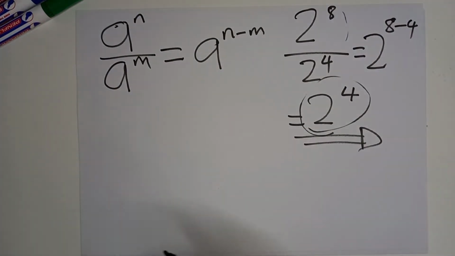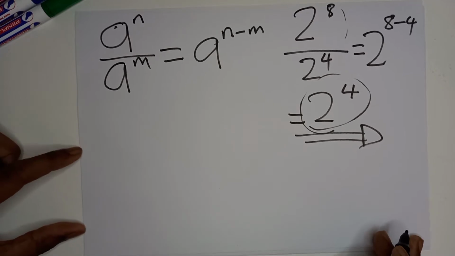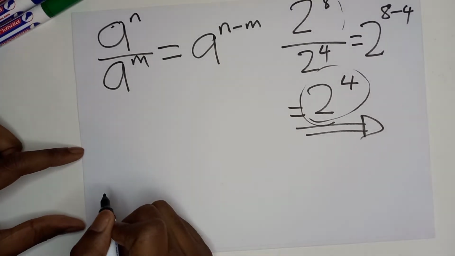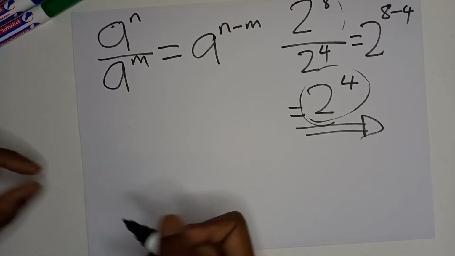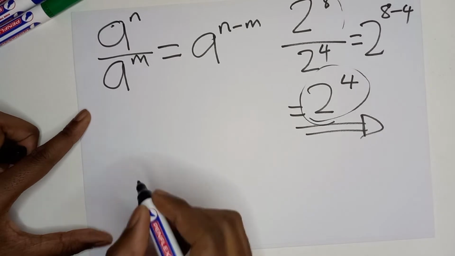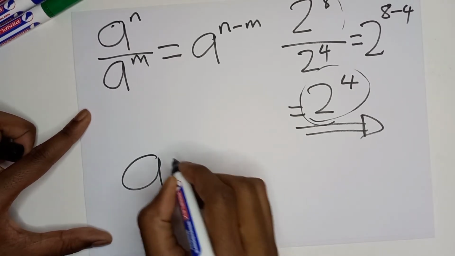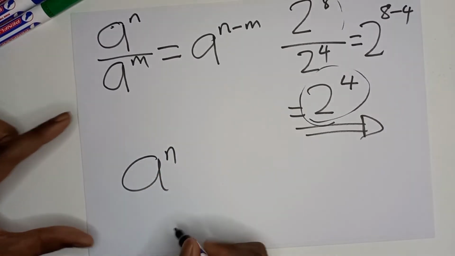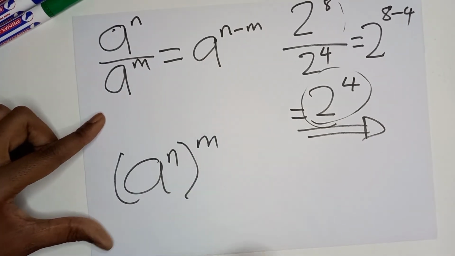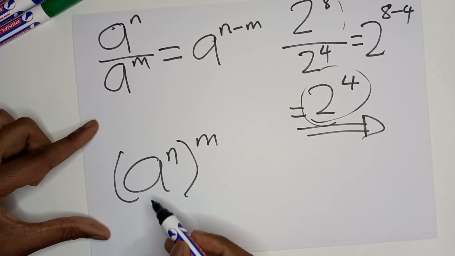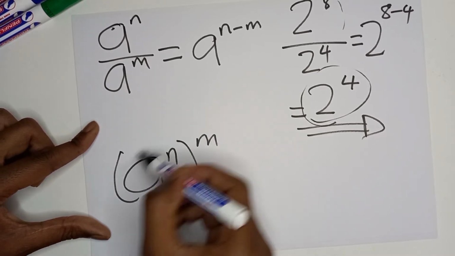Now we have the third law, which is when we're dealing with an exponent of an exponent. This is what I mean by that. Say you have this exponent here, but said exponent is raised to another exponent like so. Now you have the exponent of an exponent.